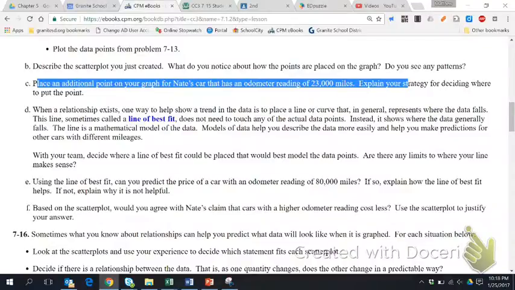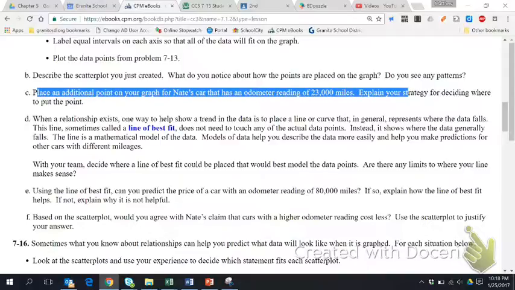So if we look back at our graph, we would need to come over to 23, and we got to figure out where would it fit in best. So I'm just going to go ahead and add in the 23.